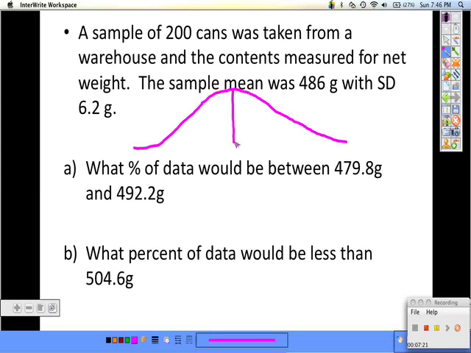So I'm going to model this with a bell curve, putting 486 in the middle. 1 standard deviation above would be 492.2. 2 standard deviations would be 498.4.